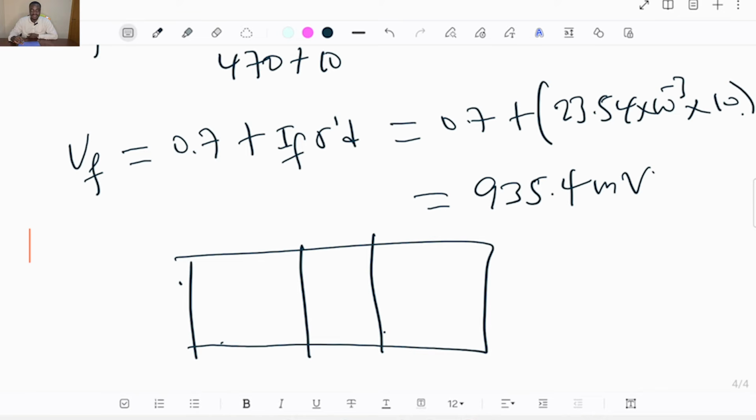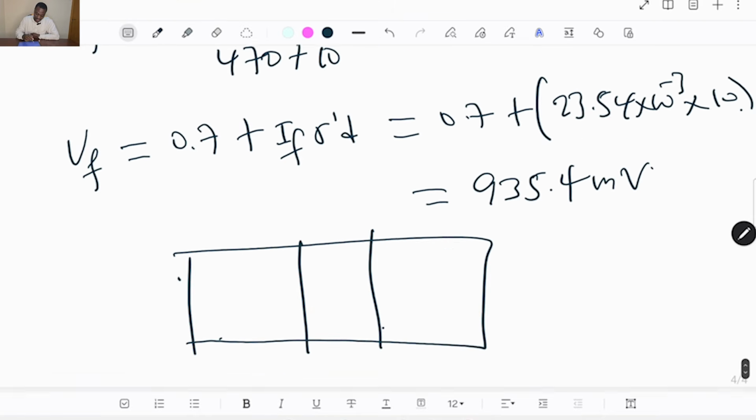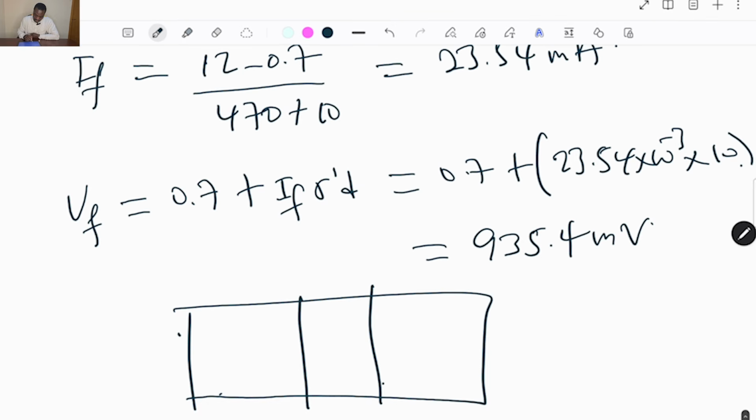NPN bipolar junction transistor. So you can see here, when it comes to NPN, we have the N region, P region, and the N region. So here's the emitter. When it comes to the movement of electrons, we know that they are moving from the N region to the P region.